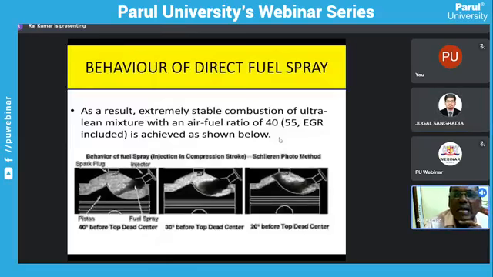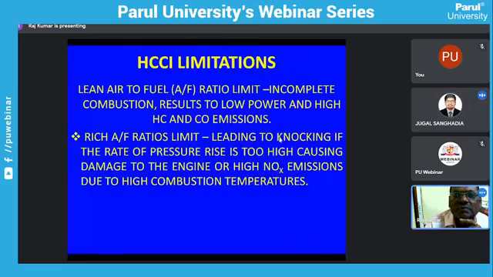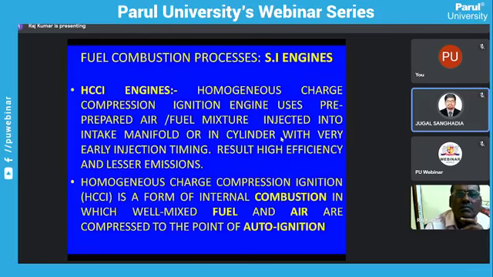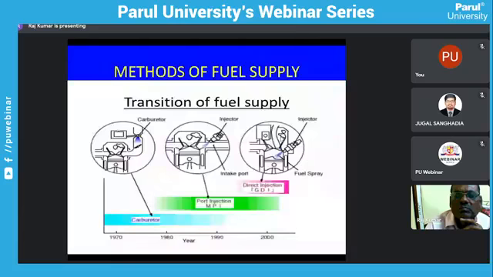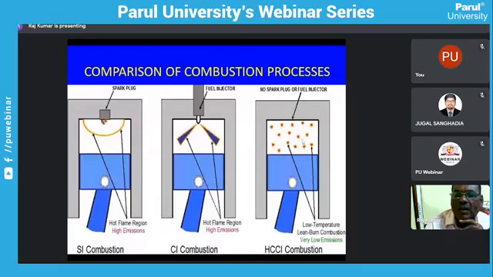Okay, now we are coming to the HCCI engine. In HCCI engines, the main idea is the same. The first one is to have less pollution. The second one is to have a maximum output.